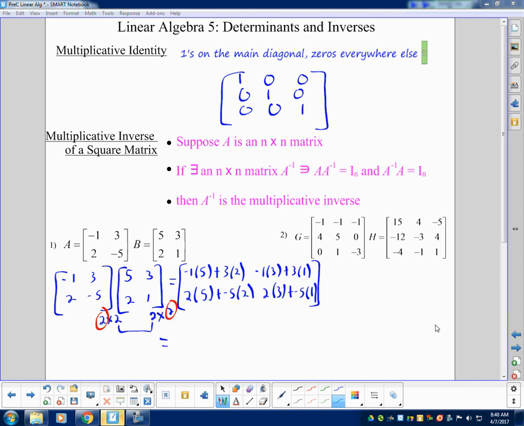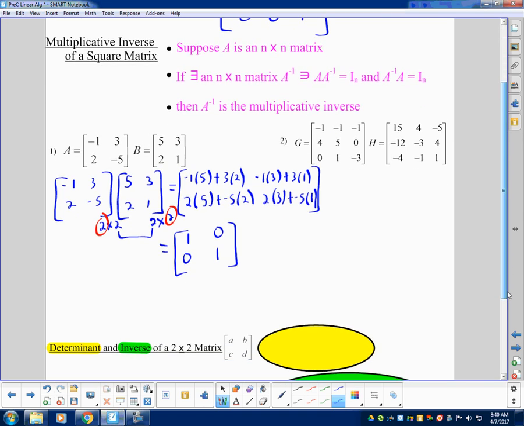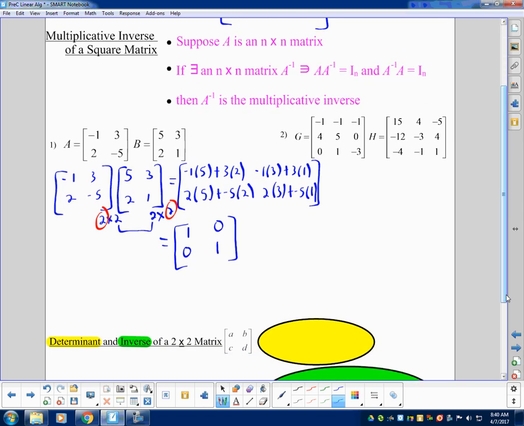So my new 2 by 2 matrix that I get from multiplying A times B is: -5 plus 6 gives me a 1. -3 plus 3 is a 0. 10 minus 10 is a 0. And 6 minus 5 is a 1. So A times B gives me the identity.